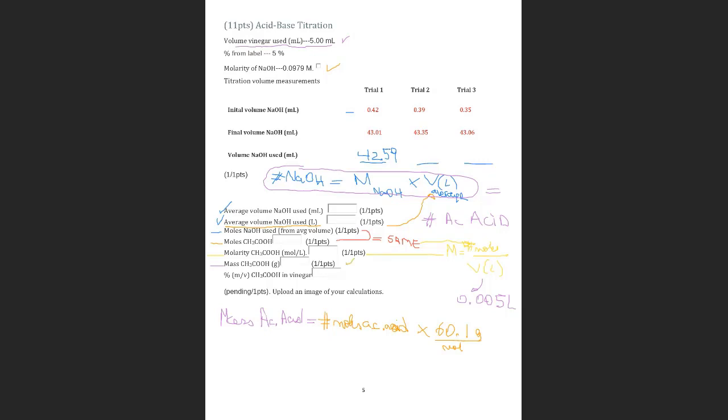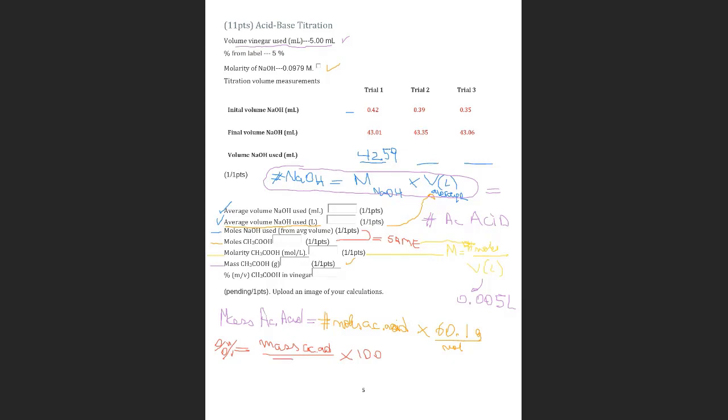And once you have the mass, you just use the regular formula for the percentage. The percentage mass by volume is going to be the mass of the acetic acid times 100 divided by the volume of acetic acid in milliliters.